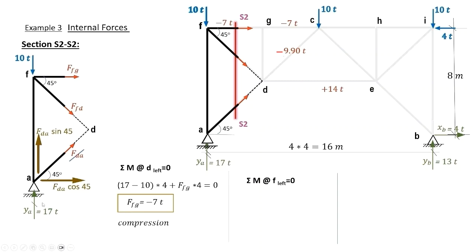Also, the external 10 tons and 17 tons do not appear. All these forces pass by the joint F. And we are left with the horizontal component FDA cosine 45 multiplied by 8 equals 0, which gives that FDA equals 0 and plotted on our diagram.